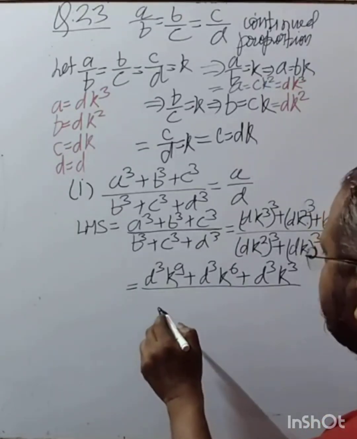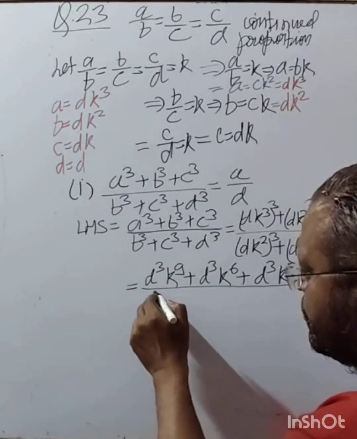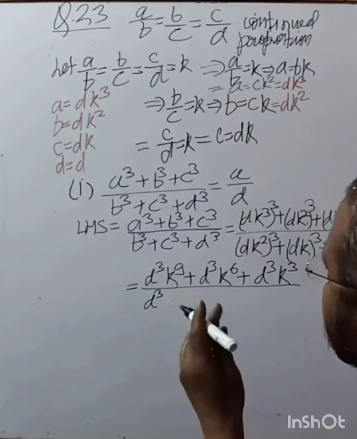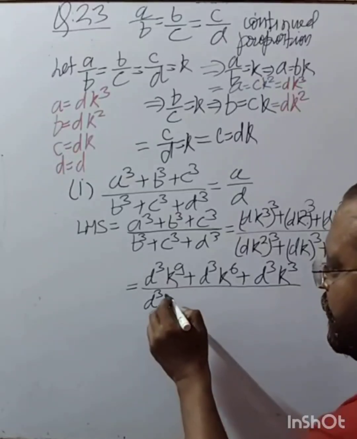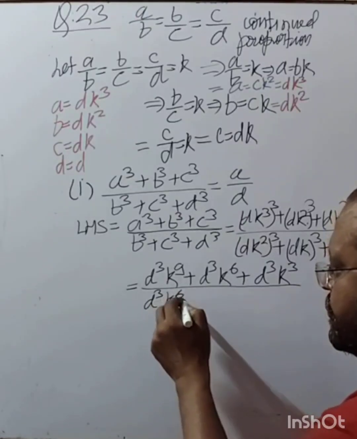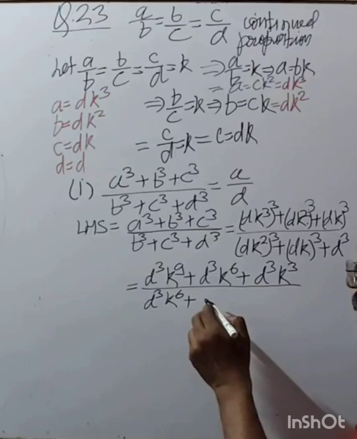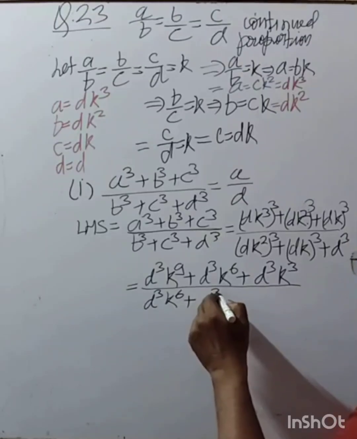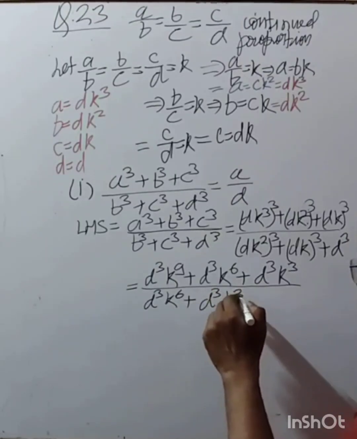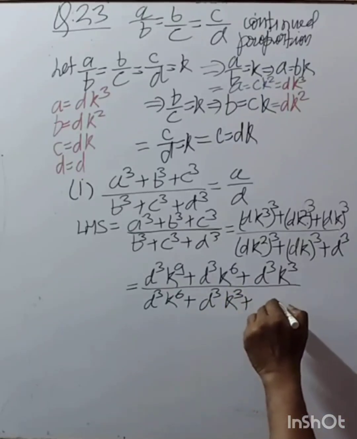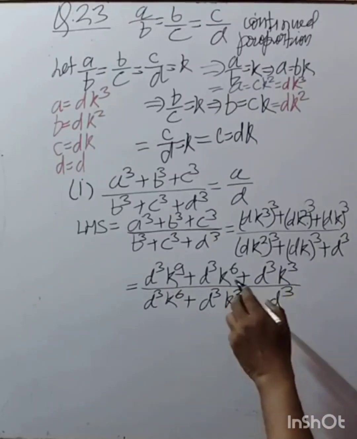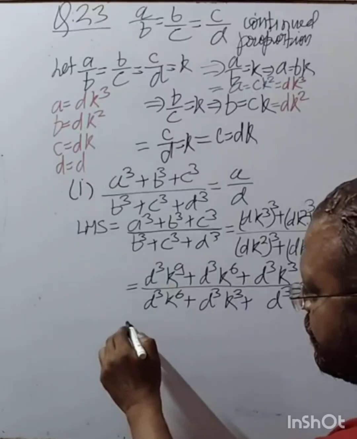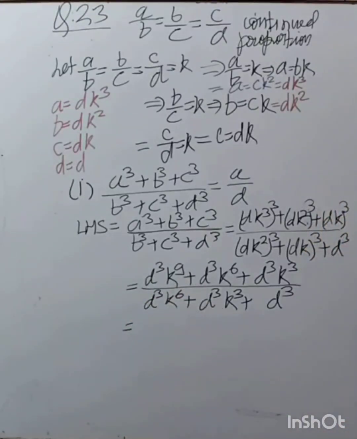Then D cube K6 plus D cube K3 plus D cube is D cube. If you take from here, what is the lowest power?